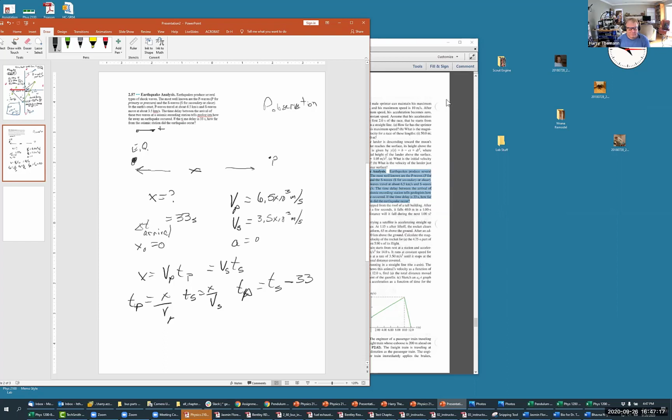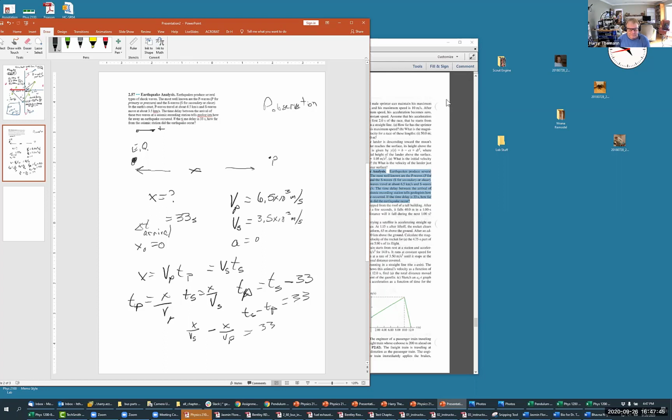Right. And I wouldn't even set it up this way. I would just say that TS minus TP equals 33, right? So TS is X over VS minus X over VP equals 33.